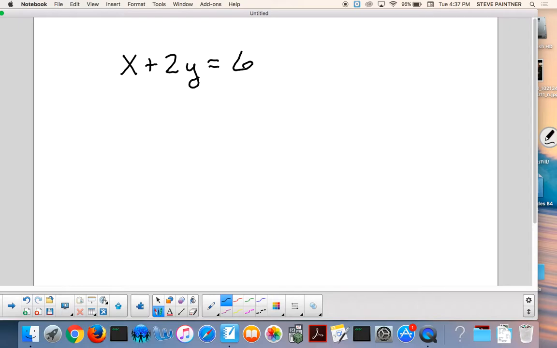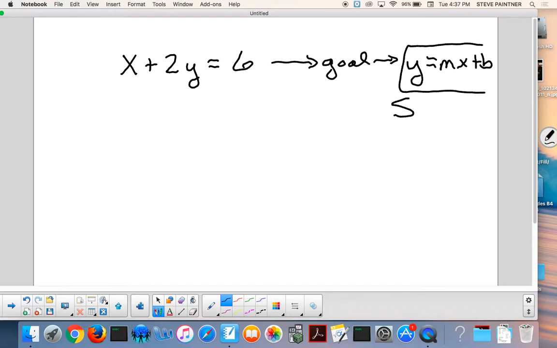So if I take that equation and I want to graph it, your goal is to simply get it to look like slope-intercept. Now, slope-intercept is always solved for y. So if you can solve it for y, you can graph it pretty quick.